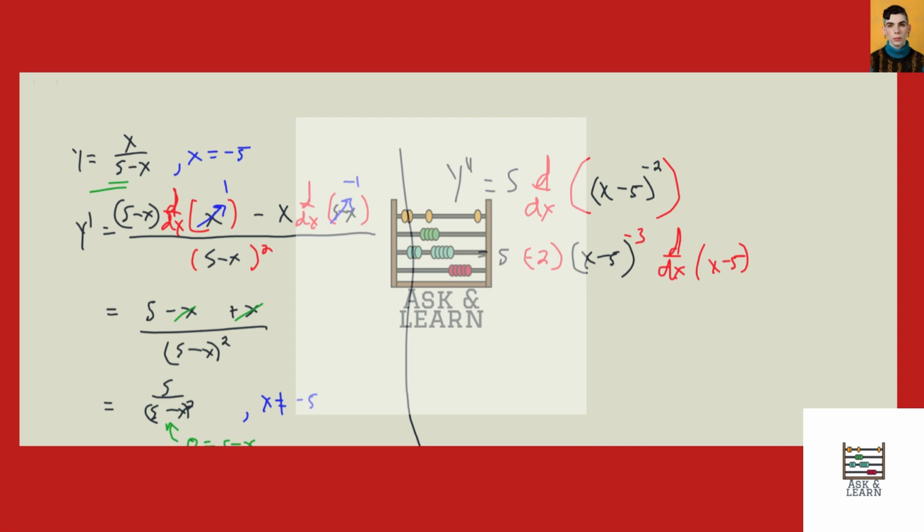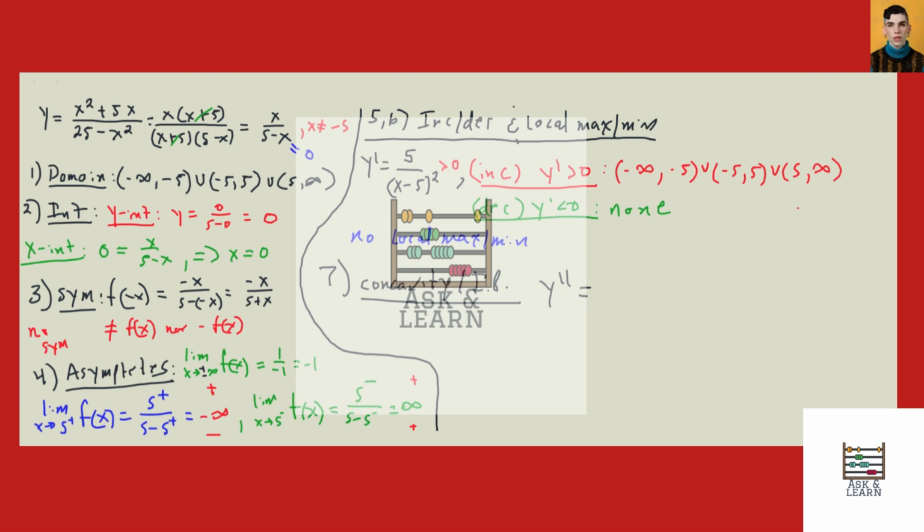Now the derivative of x minus 5 is going to be 1, since the derivative of x is 1, the derivative of 5 is 0. And now we can go ahead and combine these to get negative 10 over x minus 5 cubed. All right, so let's go ahead and write this on the other page. So we get negative 10 over x minus 5 cubed.